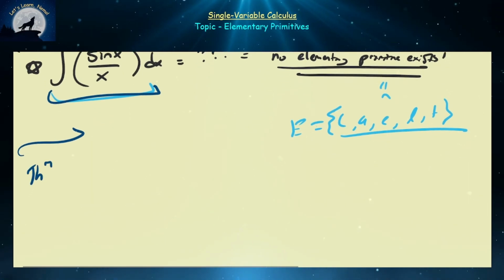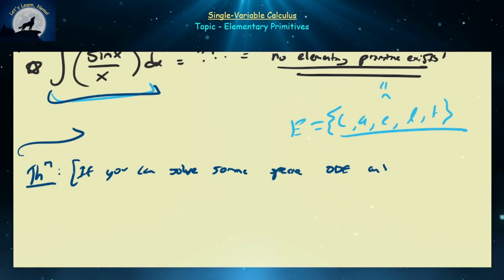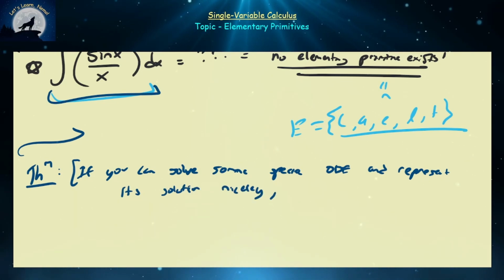But there is a theorem in differential equations that pretty much states that if you can solve, let's say, some special ordinary differential equation and represent its solution nicely, an elementary primitive does exist.